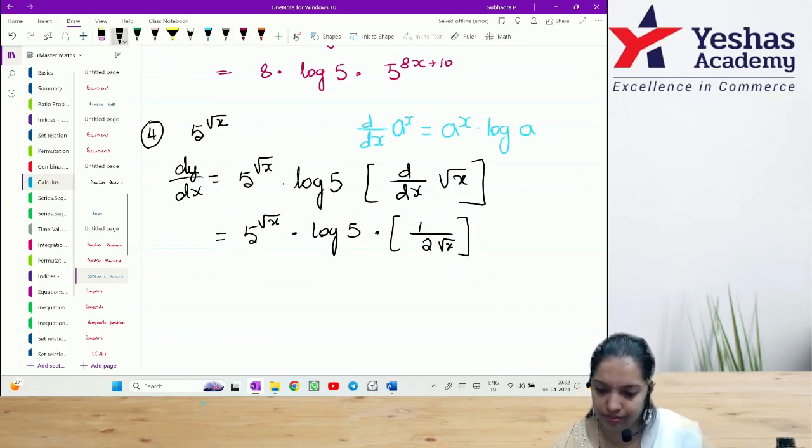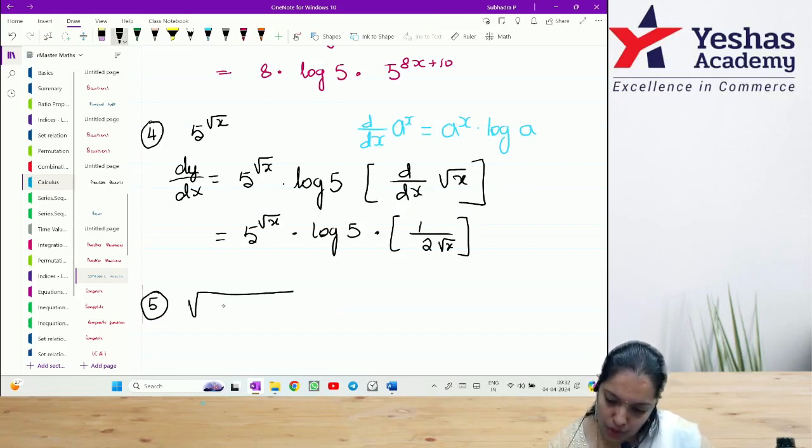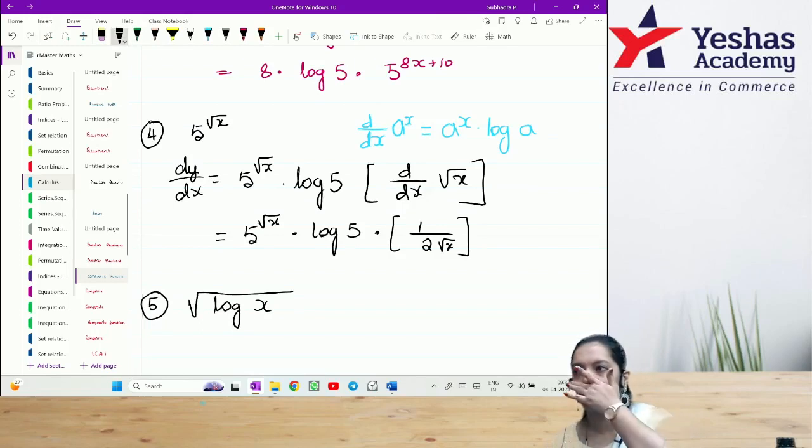Next, fifth one: root of log x. Correct.